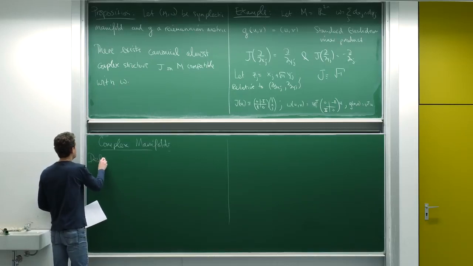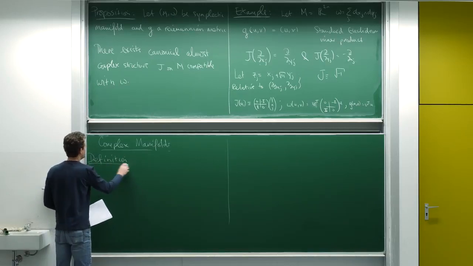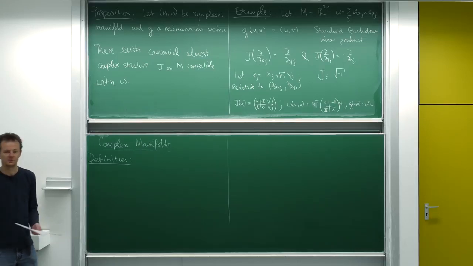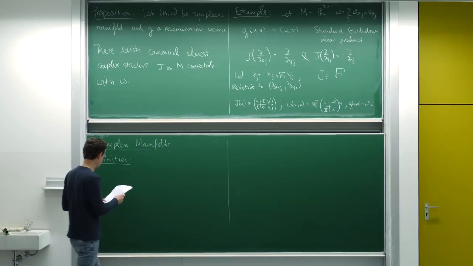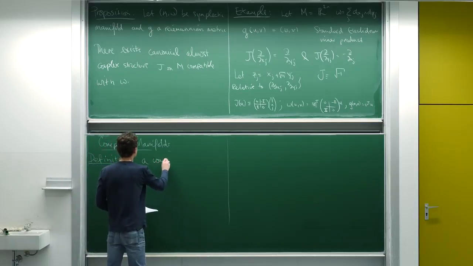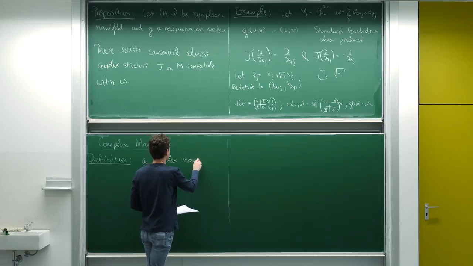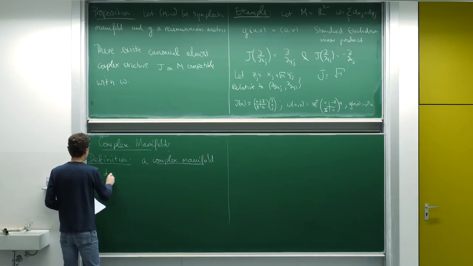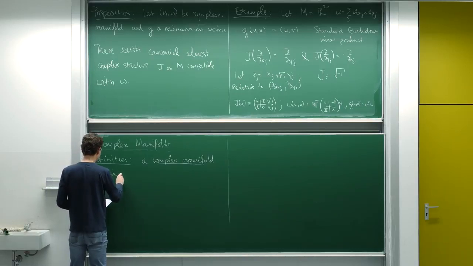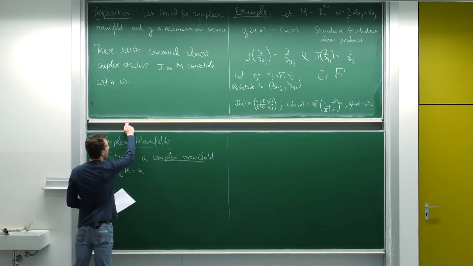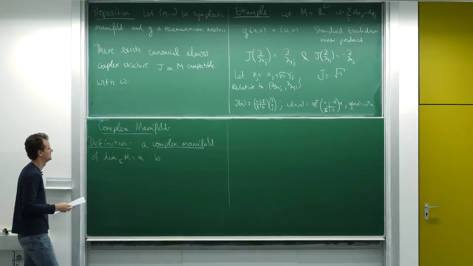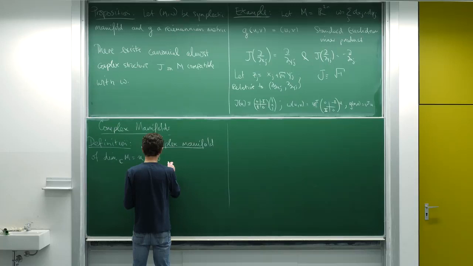So this is the more traditional differential geometry definition. What's a manifold? Well, it's something with open sets which are locally homeomorphic to Euclidean space. Well, we're going to replace that with complex space. So what is a complex manifold? Well, it's a set, locally complex space, I guess you call it, instead of a locally Euclidean space.